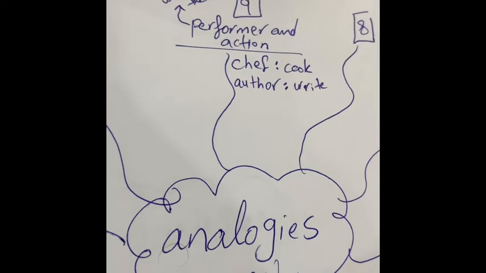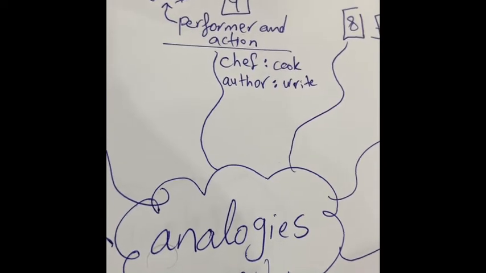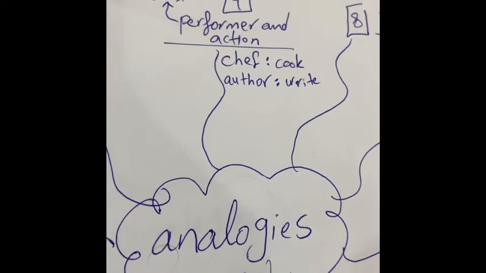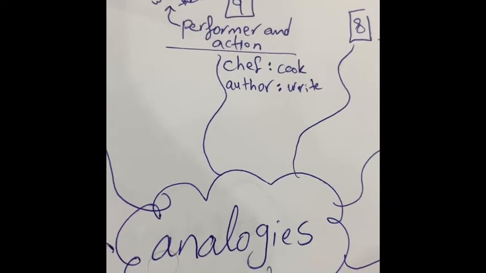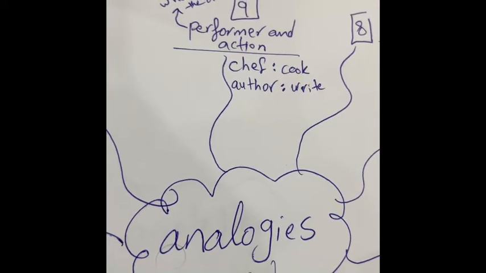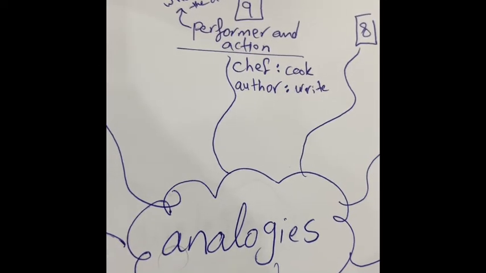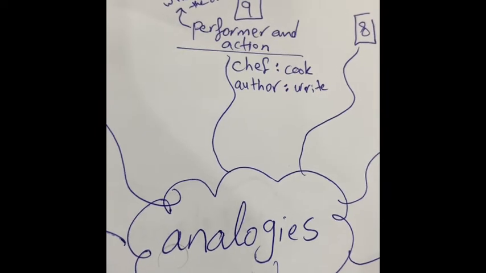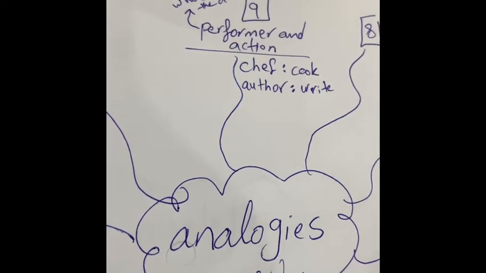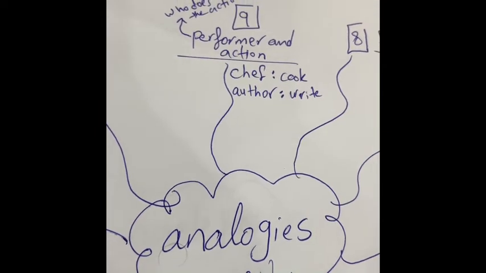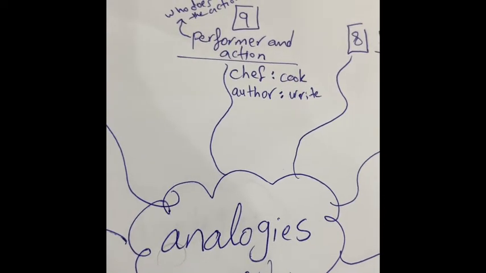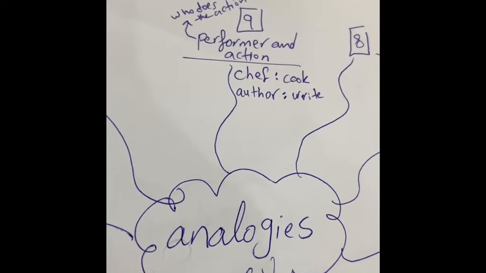Number nine, performer and action. This analogy, we call it performer and action. What is the meaning of performer? Performer means the man or the woman or the human being who does the action. So this man does something, for example, chef. Chef cooks.